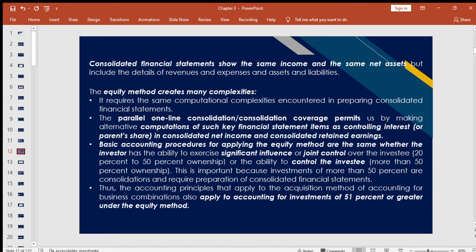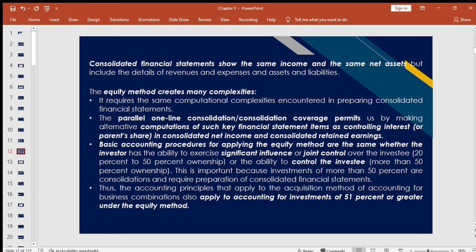So, consolidated financial statements show the same income and the same net assets, but include the details of revenues and expenses and assets and liabilities.